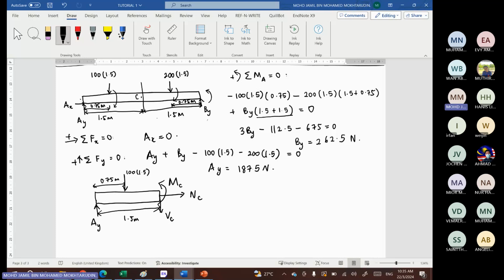Okay, then from this free body diagram, repeat the process, ulang balik. So we can start with force in the x direction. So only have NC, so NC equals 0. And then force in the y direction.